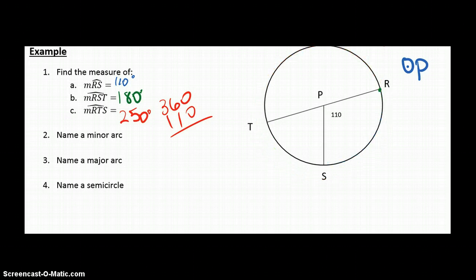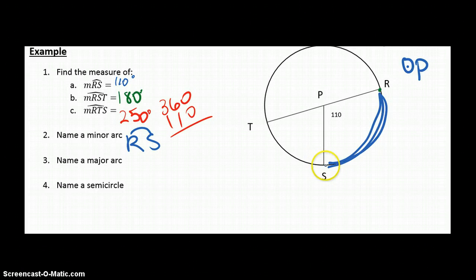Now I want to find examples of a minor, major, and semicircle. So first, for my minor arc, I'm going to find a central angle. Arc RS is a part of a central angle, so that could be a minor arc. And again, I'm going to refer to my minor and major arcs to be in relationship. So since I used RS for my minor, I need the rest of my circle for my major arc.